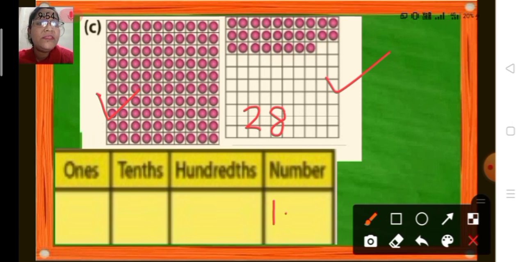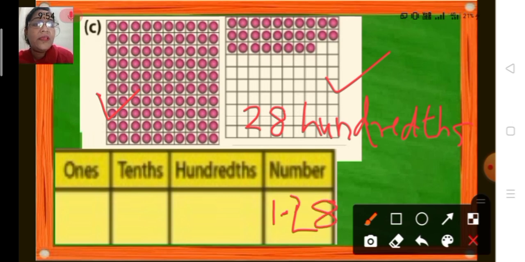This means this represents 28 hundredths. So our decimal number will be 1.28, and this has 1 ones, 2 tenths and 8 hundredths.